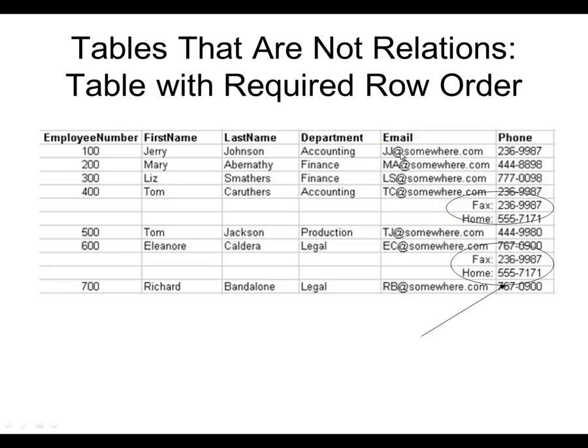Second, if you'd like to rearrange the data, like sort by, this will be mixed and it will go to different areas, and then you will lose the link of this number to this record. That's why this is not acceptable as a relation.